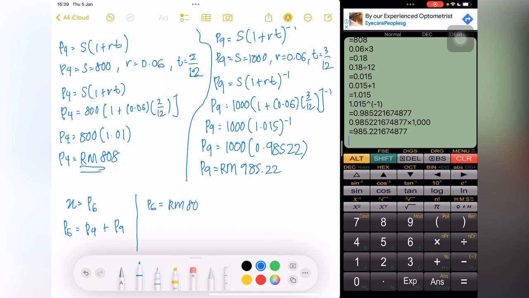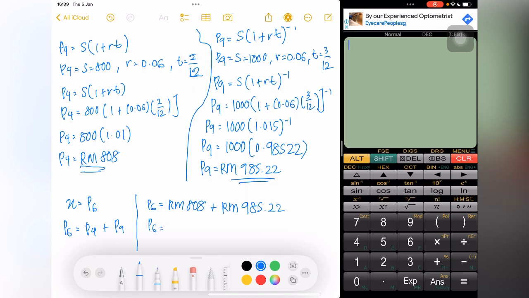Iaitu RM808 campur P9 kita yang ni, RM985.22. So kita campurkan dua-dua. RM808 campur RM985.22. So inilah jumlah kita untuk P6, iaitu RM1,793.22. Okey, sekian, terima kasih.